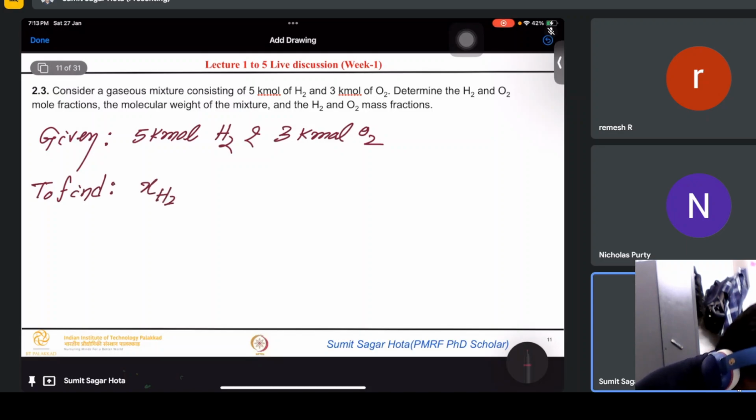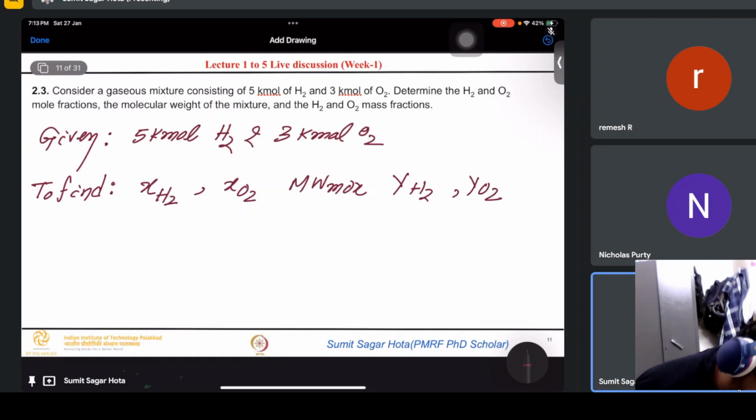X of H2, X of O2, molecular weight of the mixture, Y of hydrogen. Here you see the hydrogen and oxygen mole fraction, and one is your mole fraction and one is your mass fraction.